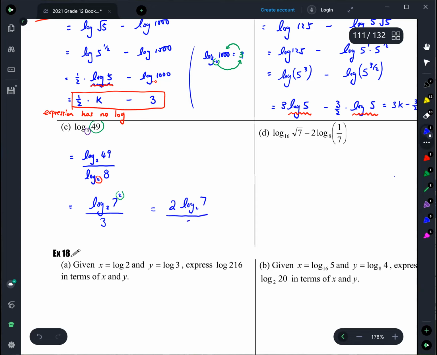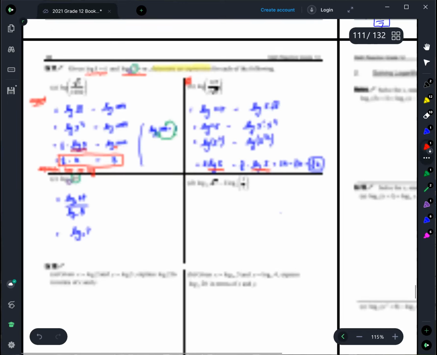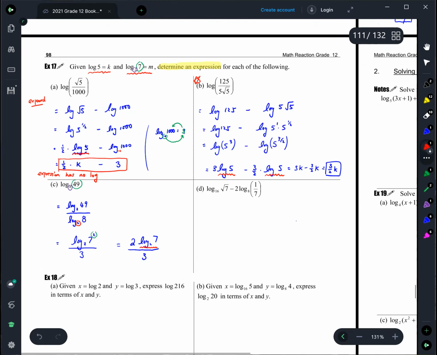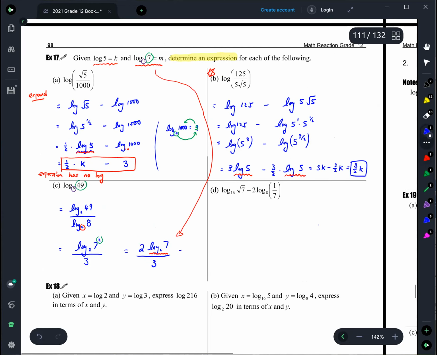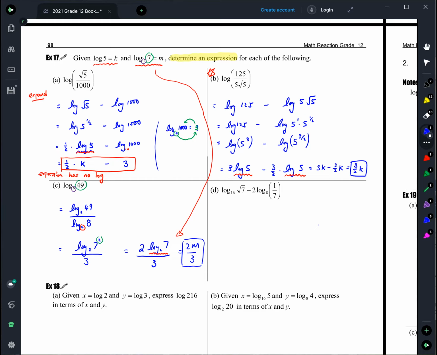So now we can finally see we have log base 2 of 7, and that is going to be replaced by our m. So we get 2m over 3. That's our final answer. Once again, we get an expression, and your expression shouldn't have any log.